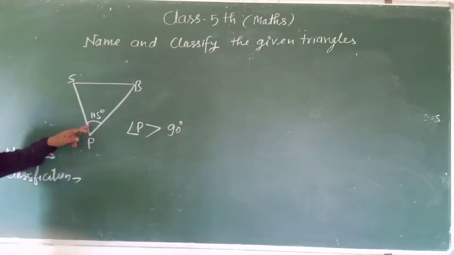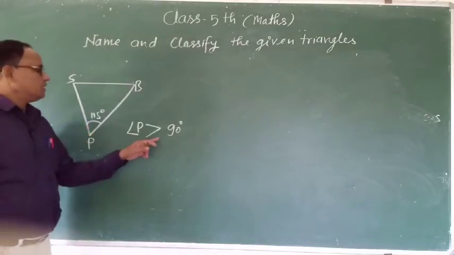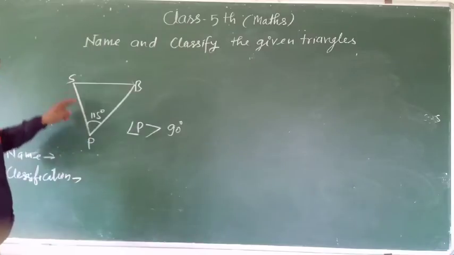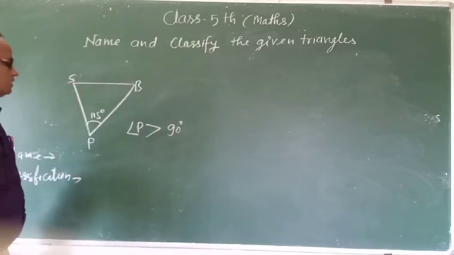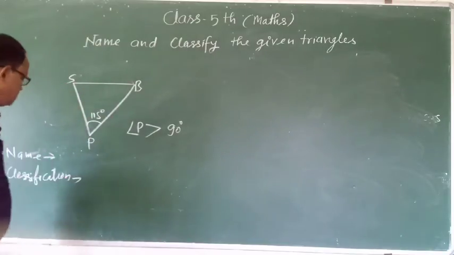Here angle P is greater than 90°, then PSB is an obtuse triangle.